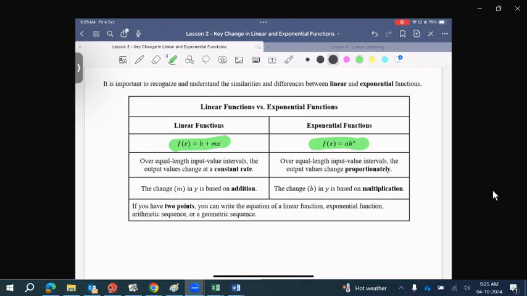The actual correct answer uses the phrasing, and you're going to have to memorize this phrasing: over equal length input intervals. All of you in this room missed that part of the phrasing. You only said that the second differences were constant. You would have to say over equal length input value intervals, the second differences are constant. Don't make up your own wording, because usually you get it wrong.